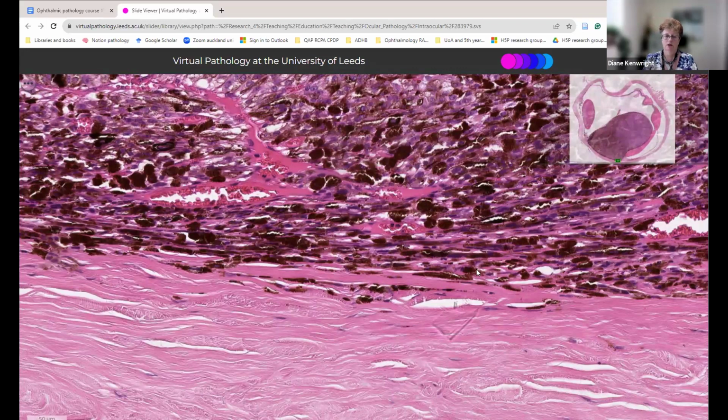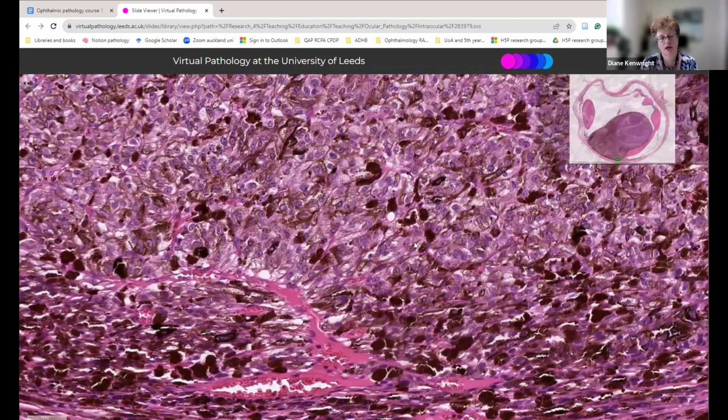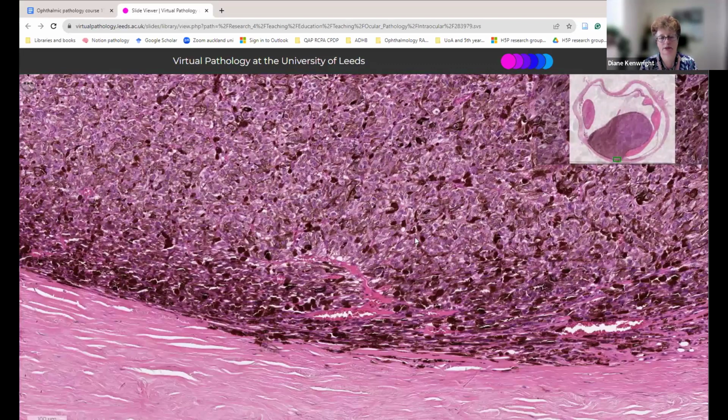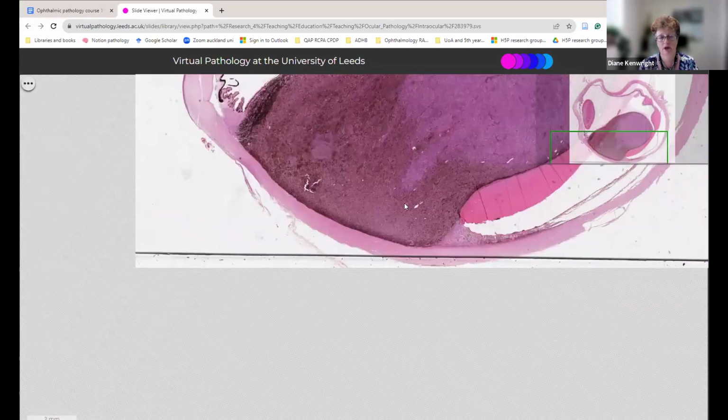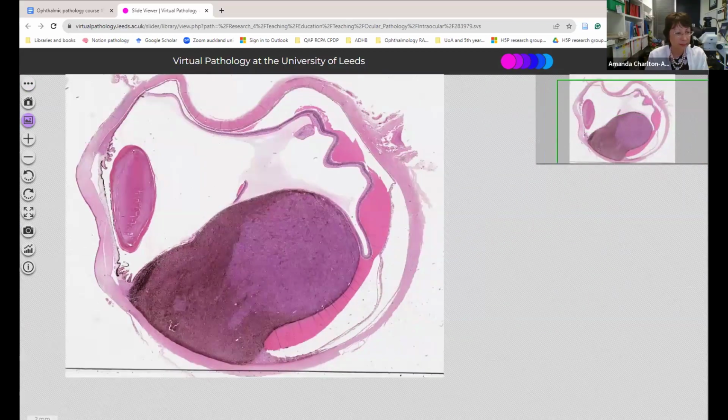Okay. So in summary, I think we've got a uveal melanoma, mixed spindle and epithelioid type, which has a basal diameter. Now we can estimate the basal diameter because we know the length of the eye to be about 23 millimeters, don't we? So it's going to be around 10 millimeters basal diameter.